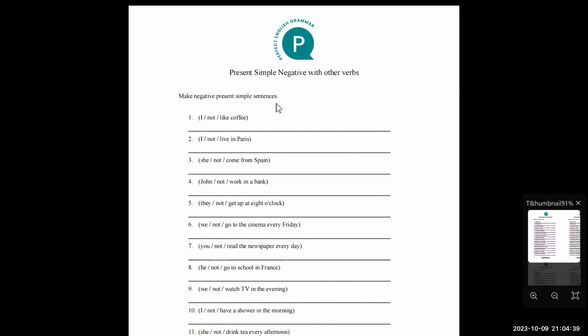All you need to do is add either do or does, because there's already "not" for each sentence. Do you need an example for one, or can you just answer? Yes.